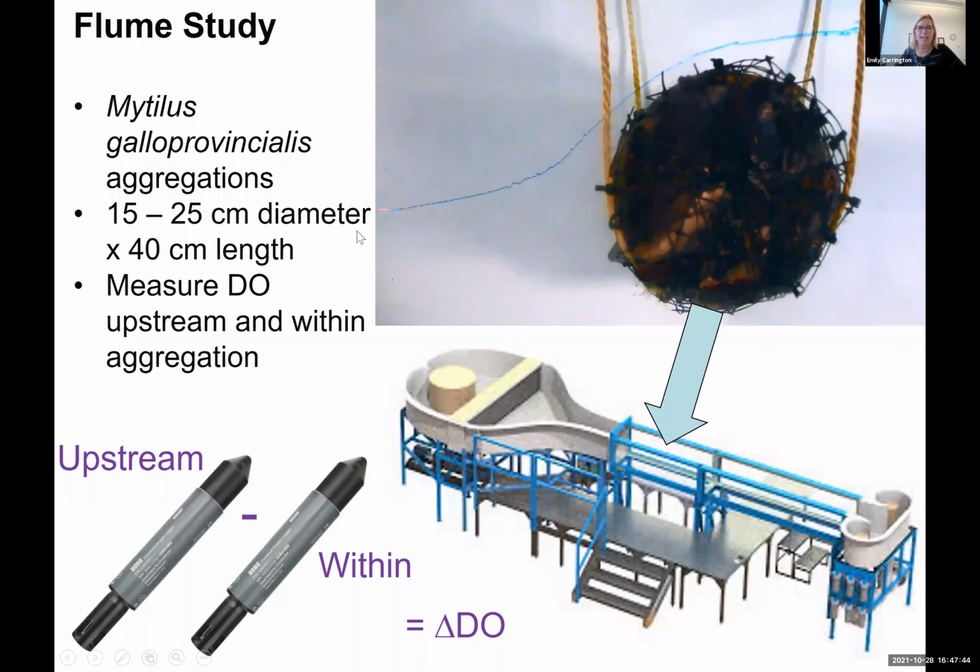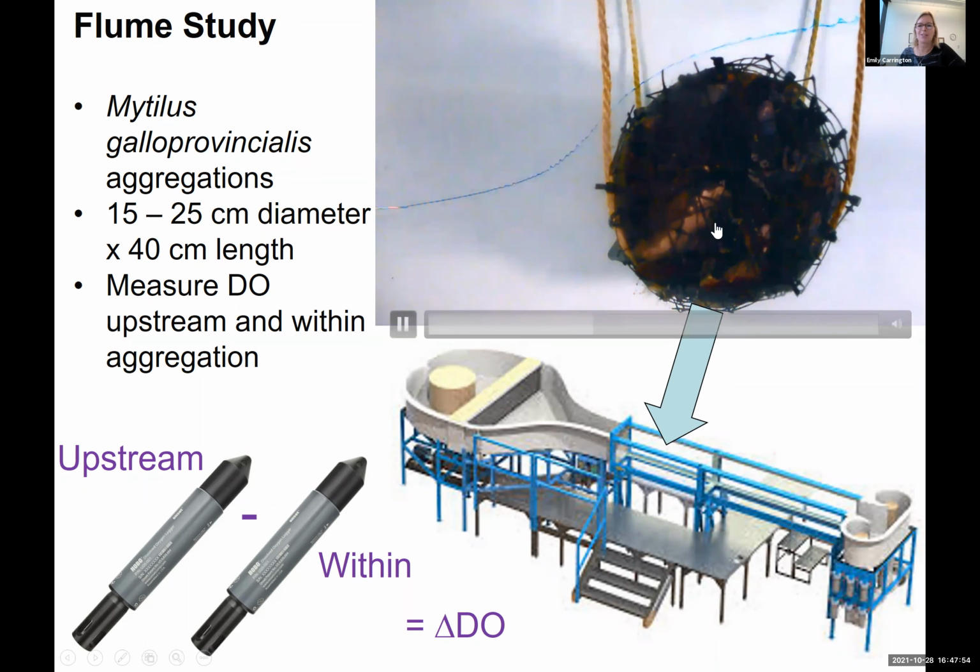So where we're headed next, we've done some pilot experiments to give proof of concept for this. I'm doing okay on time. By putting aggregations of mussels, this mimics what a long line of mussels would look like. You're looking at basically a barrel of mussels, but it's on end. We put them across a flow tank, a giant flow tank that we have at Friday Harbor Labs.